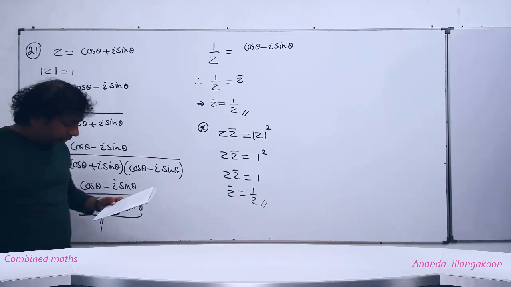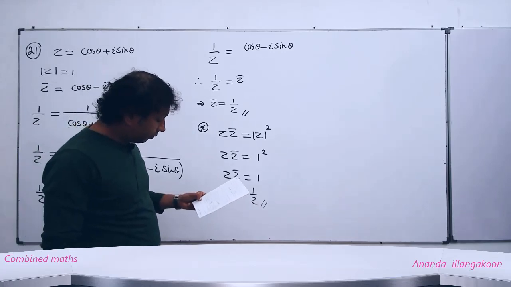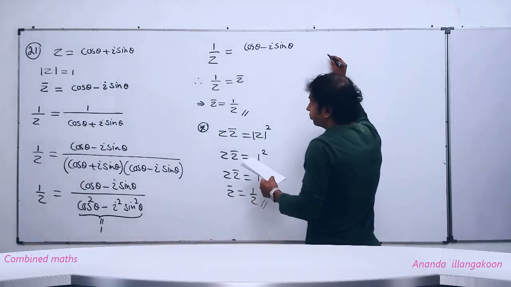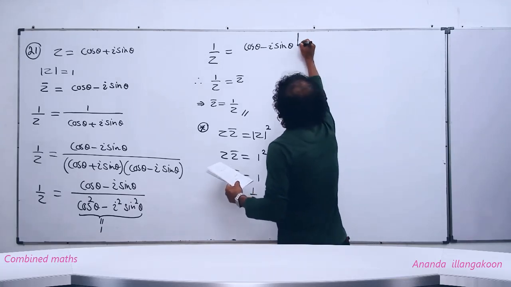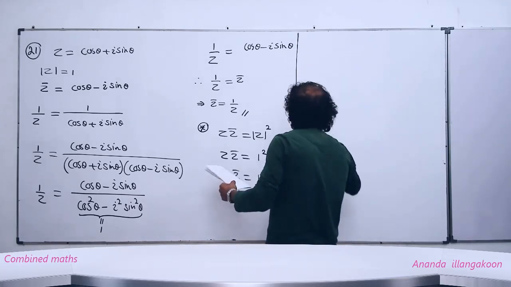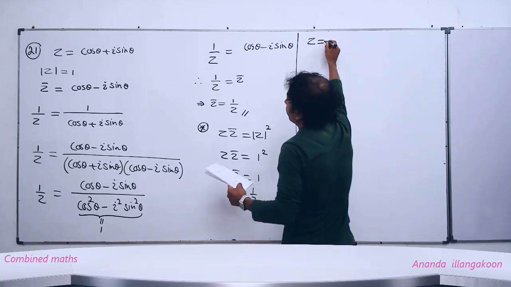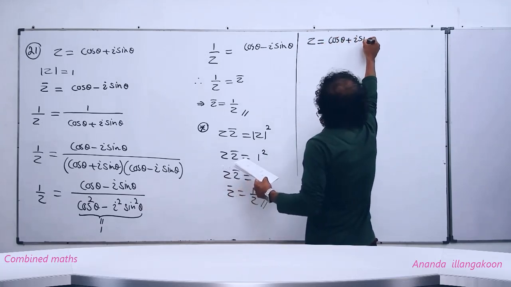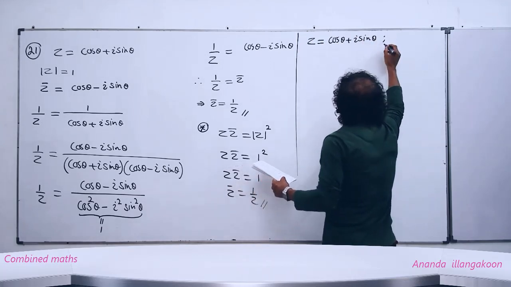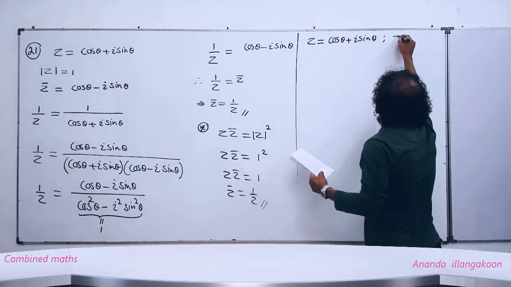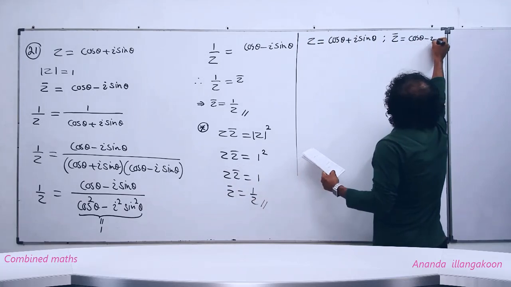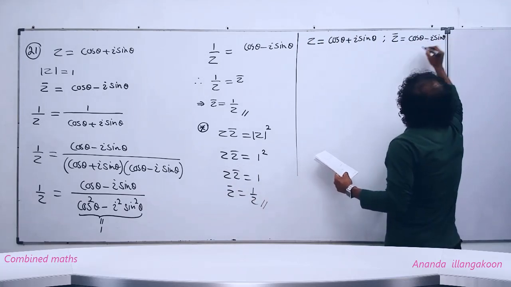Now prove that cos theta is this. z is cos theta plus i sin theta. z bar is equal to cos theta minus i sin theta.